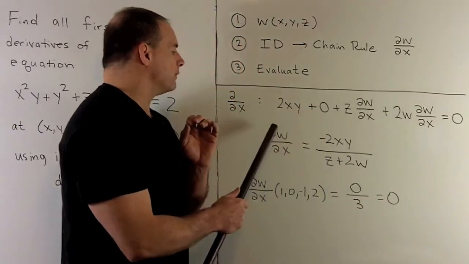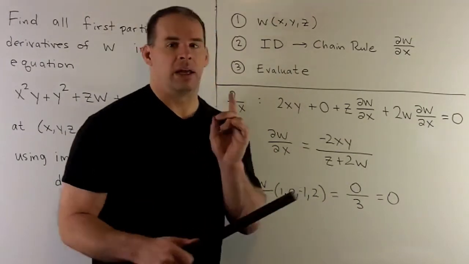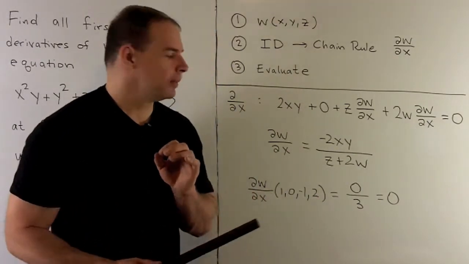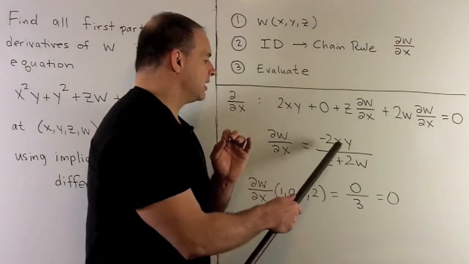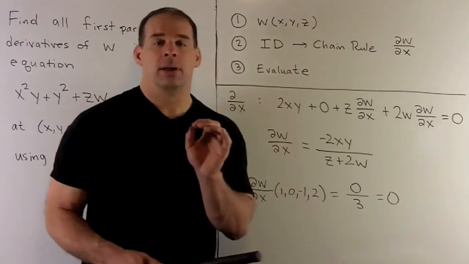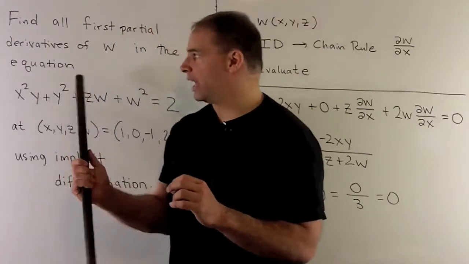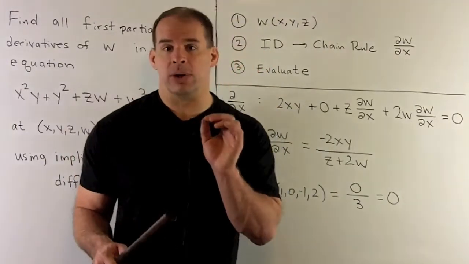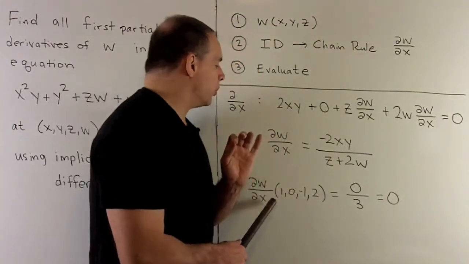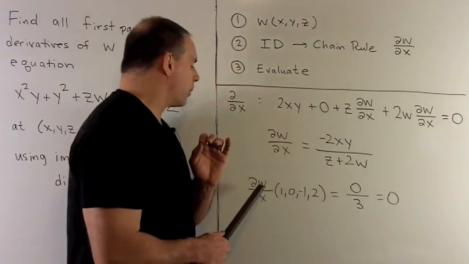So my partial of w with respect to x is given as here. If I want to consider it at a specific point, then I take our point and stick it in. Here I need x, y, z, and w, because w is not a function of x, y, and z in our original case. So I need to tell you what the w is also. When we work that out, we're going to get a 0 over 3, which gives me a 0 for our partial at the point.